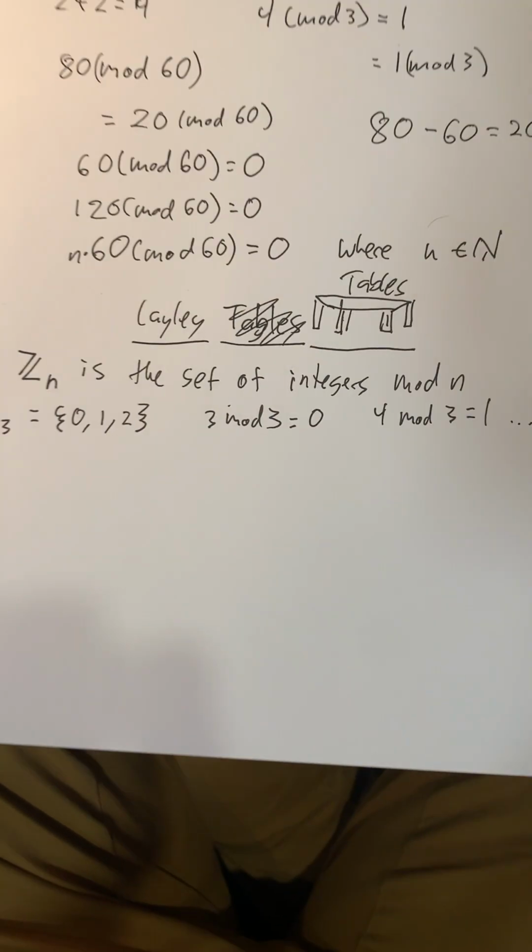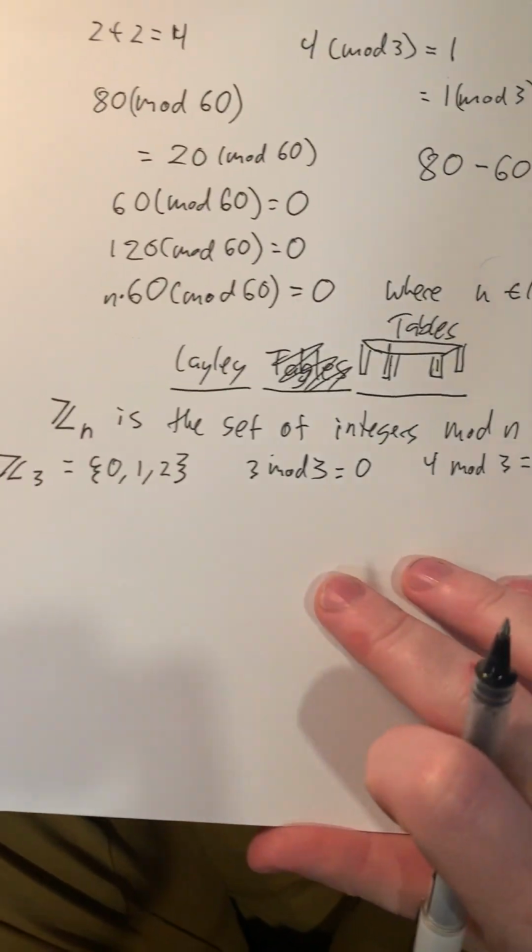Each number we go up here, we're going to increase the thing. We can draw this relationship quite nicely for all of the elements of the set within Z3.